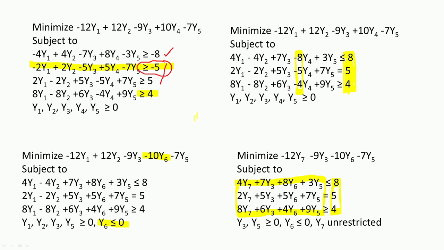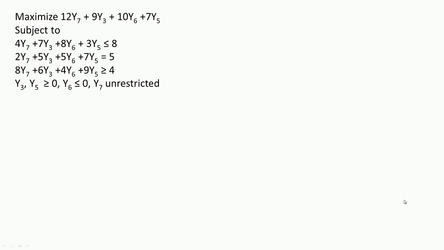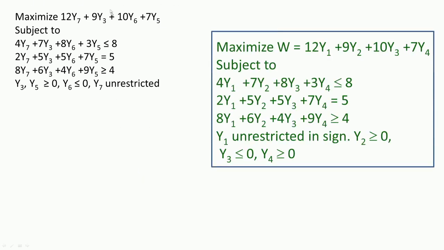So the only thing that remains is, we have a minimization with all negative coefficients, multiply with minus 1 to get a maximization, and when we do that we get this. So we have maximized 12y7 plus 9y3 plus 10y6 plus 7y5 and so on. Next thing we do is, we simply rename the variables.